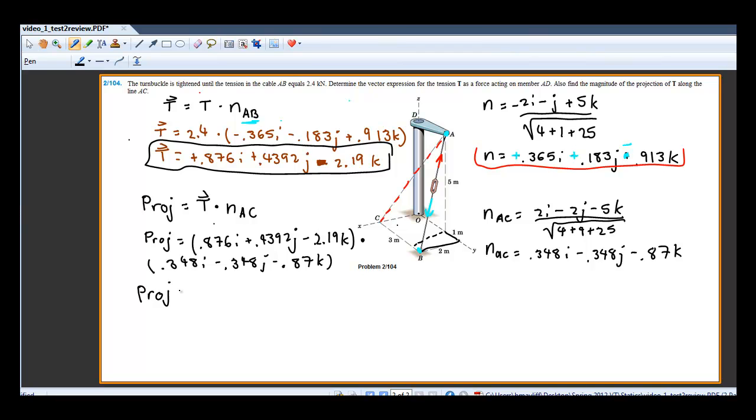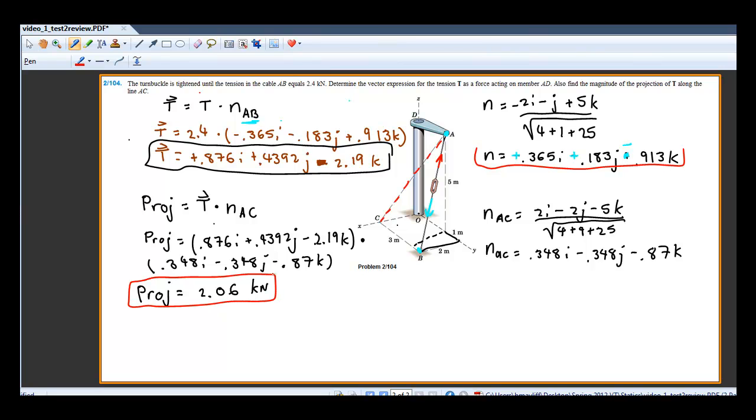So the scalar projection is 2.06 kilonewtons. And that's how you solve the problem.